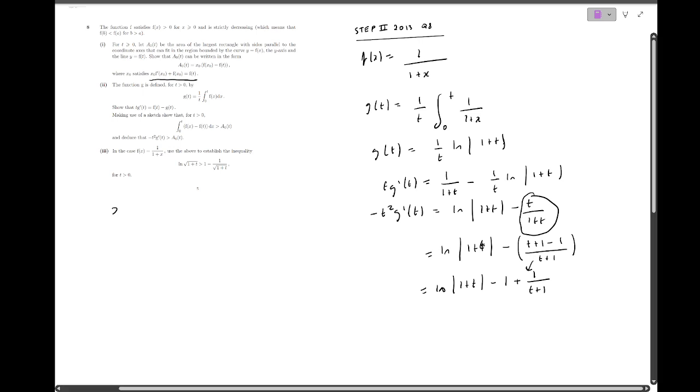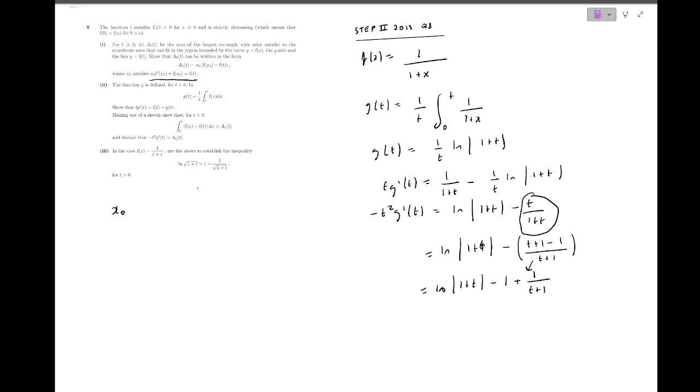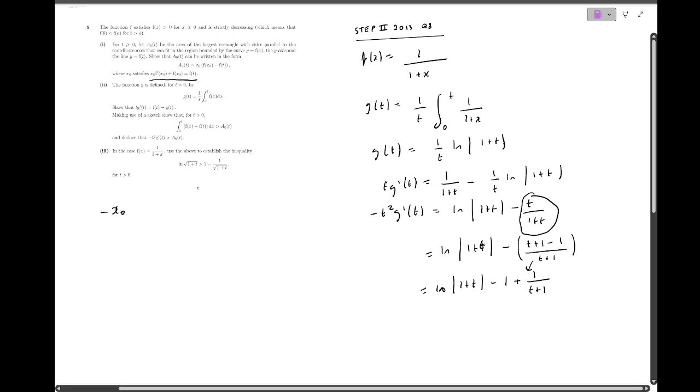So f dash of x0 will just be minus 1 over 1 plus x0 whole squared plus 1 over 1 plus x0 is equal to 1 over 1 plus t. Okay, now we just rearrange.